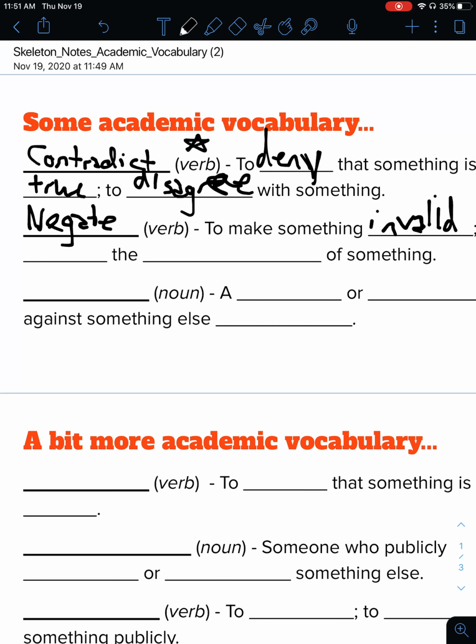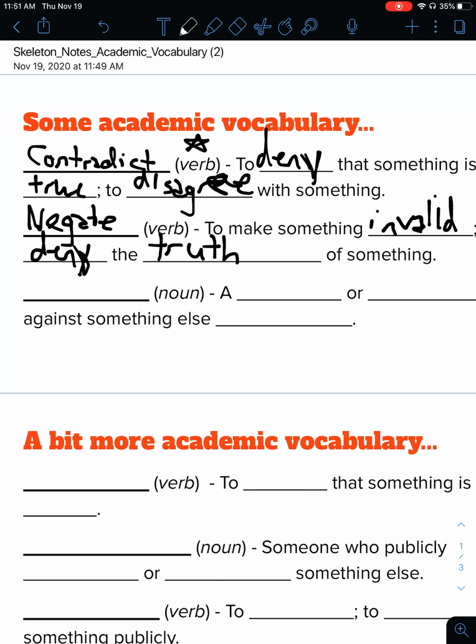Or in other words, you are denying the truth of something. So negate and contradict are very, very similar in terms of what they're talking about, and ultimately you can use them interchangeably.